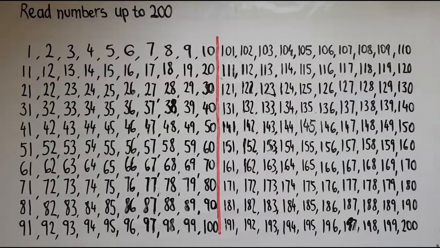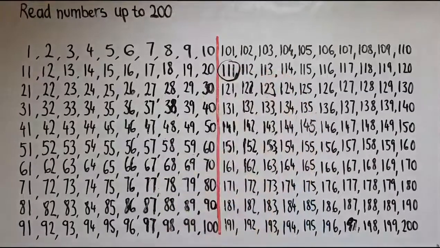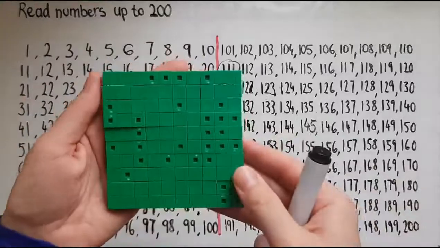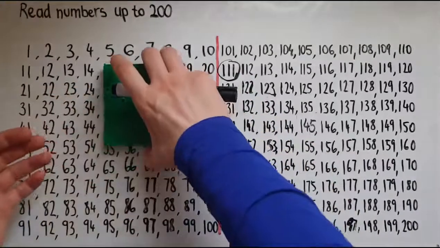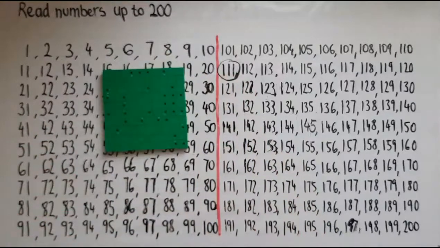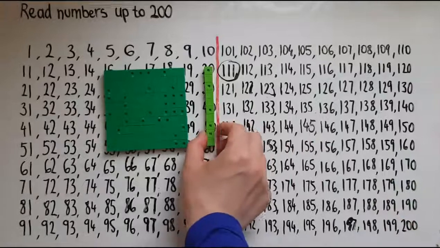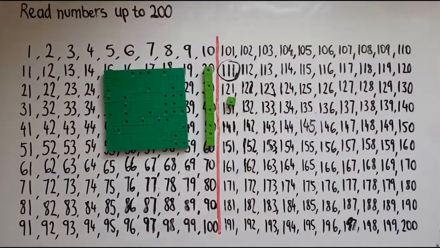So if I want to represent 111, how does that look like in practice? What does that mean? It means 100, so I've got a block of 100 cubes in here, and 11, so then a block of 10 and one single cube.